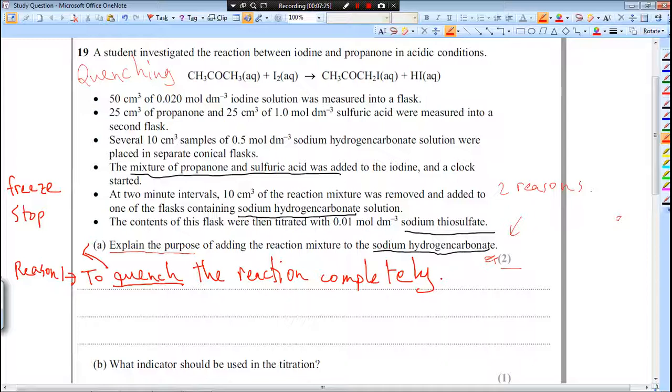Anything that does that means stopping the reaction.